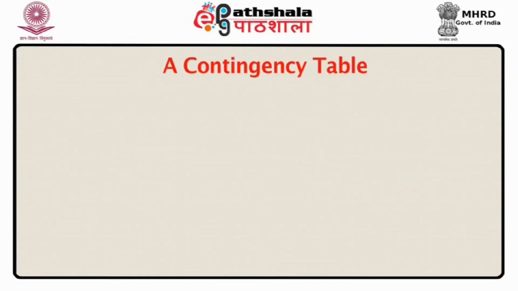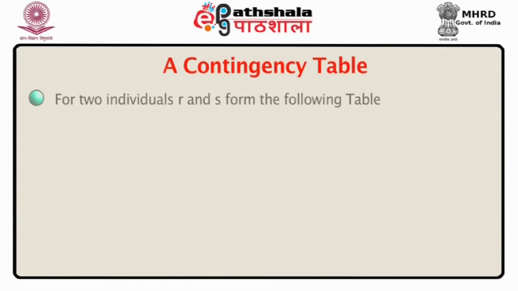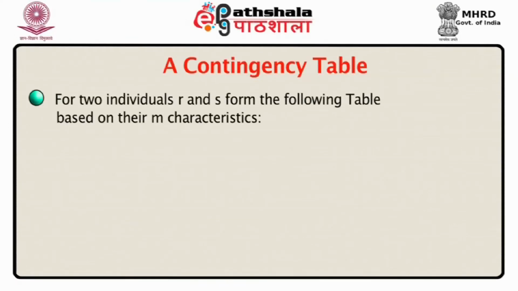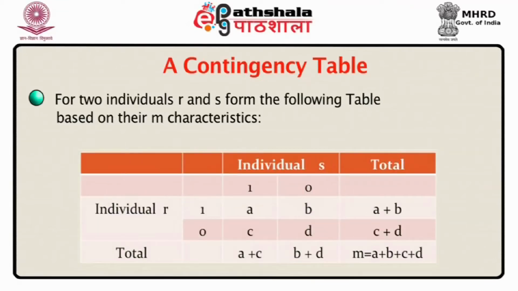Now, whenever we have this binary type of variables, the first thing that we always do is to draw what is referred to as a contingency table. So we form a table of the form, we have individual R on one side and individual S on the other side, and we have these two categories 1 and 0 on one side and 1 and 0 on the other side.